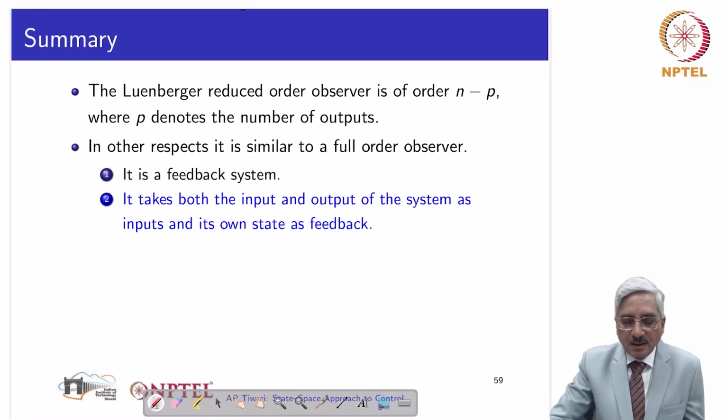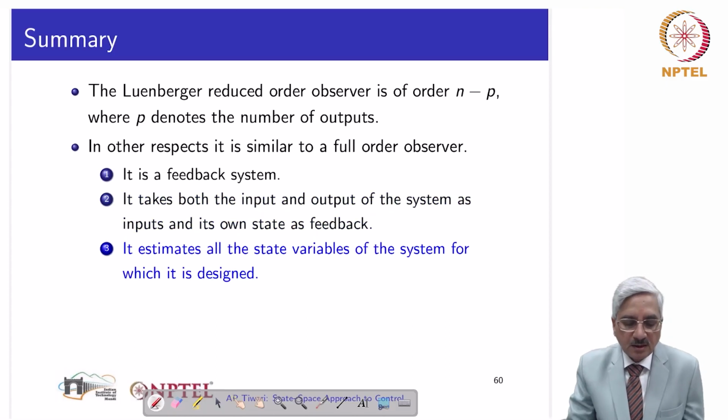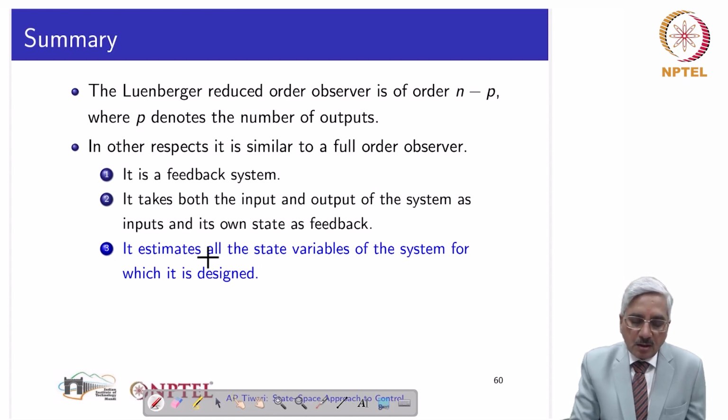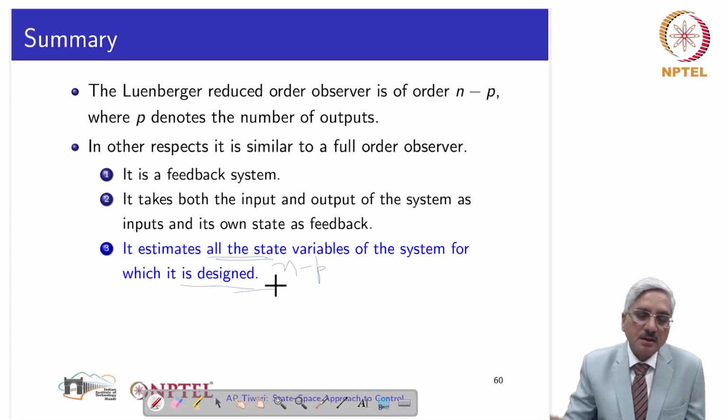It takes the input and output of the actual system as its input terminals, and its own state as feedback. So it is also a feedback system, and it estimates those n minus p state variables of the system for which it is designed.